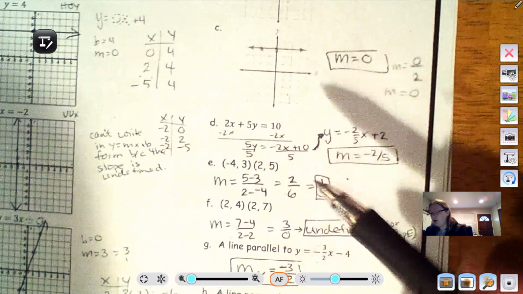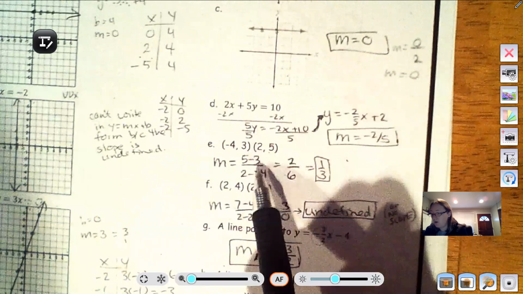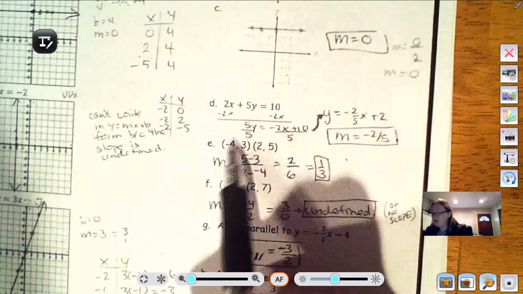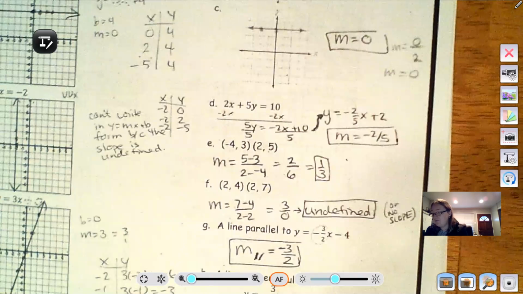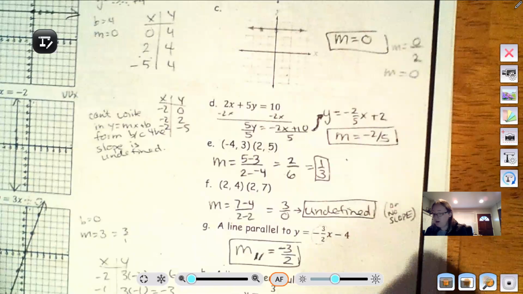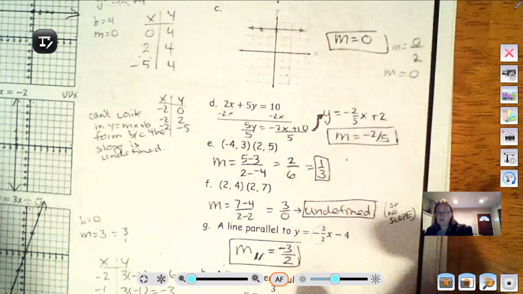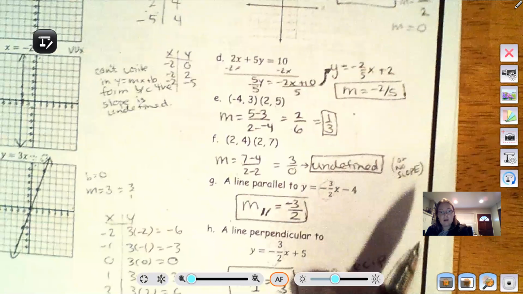Or as I said a moment ago, you might be given points and calculate the slope using the slope formula, y2 minus y1 over x2 minus x1, and then simplify any fractions you might get. And again, you might have 0 if you have 0 divided by some number, or you might have undefined if it's some number divided by 0. They might also ask about parallel and perpendicular slopes.